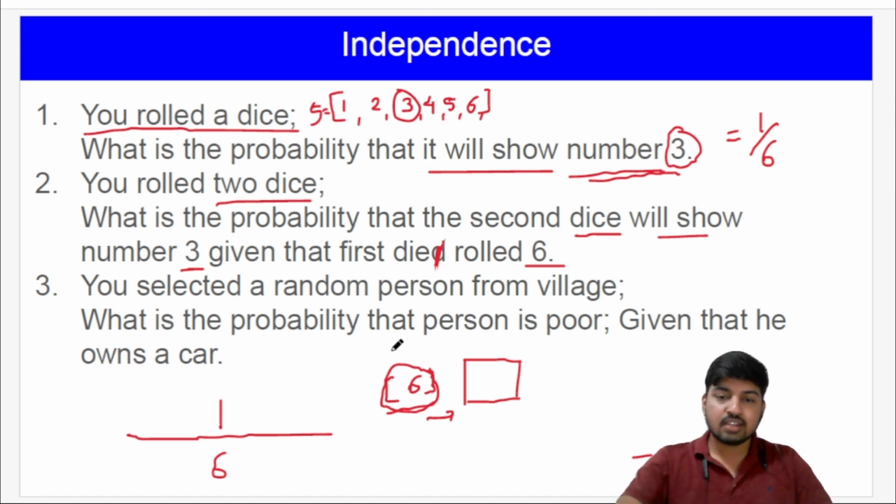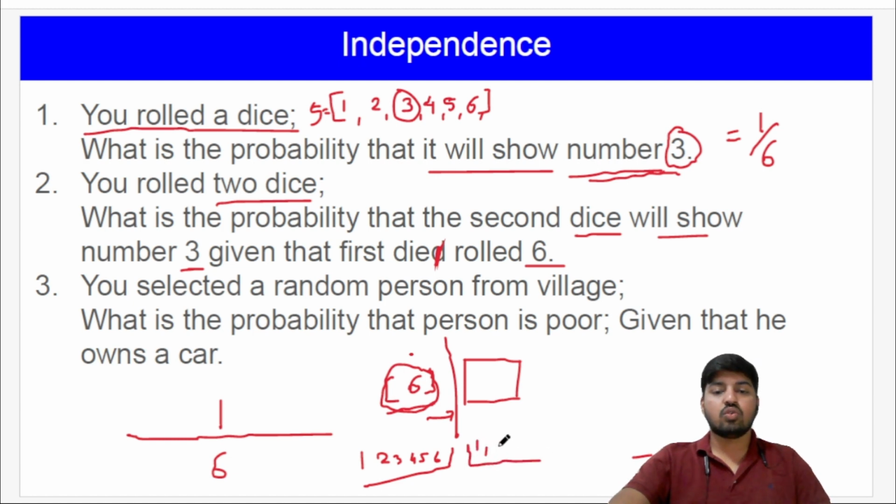So these two events, rolling these 2 dice, are totally independent. Whatever you get on the first die, 1 or 2 or 3 or 4 or 5 or 6, I don't worry about it, because here I will again have the option to get 1 to 6, with every outcome having probability 1 by 6.